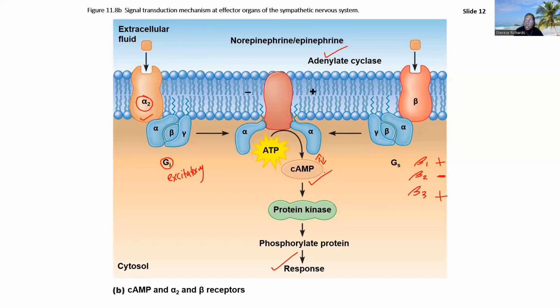It's going to result in an increase in cyclic AMP, but that cyclic AMP will result in an inhibitory response on the specific tissue in question, which happens to be the lungs. Okay, so we definitely don't want to mix what's happening with the second messenger with the type of response or effect that we see on the tissue.